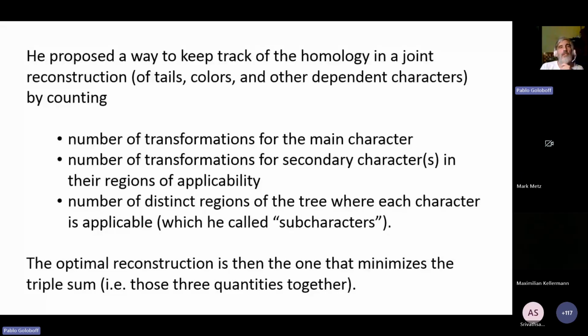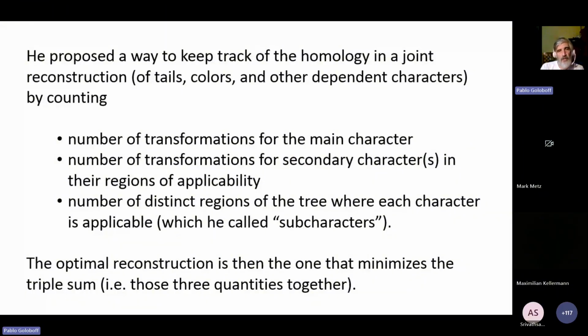What he did was he proposed a way to keep track of the homology in a joint reconstruction of tails, colors, and other dependent characters by counting three things: the number of transformations in the main character, the number of transformations for secondary characters in the regions of applicability, and the number of distinct regions of the tree where each character is applicable, which he called subcharacters.